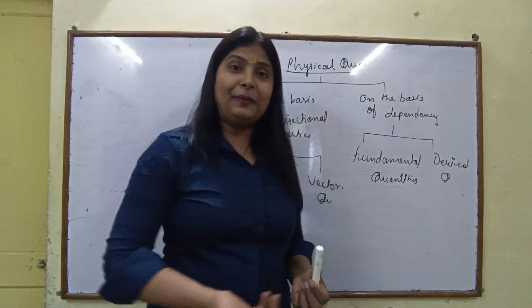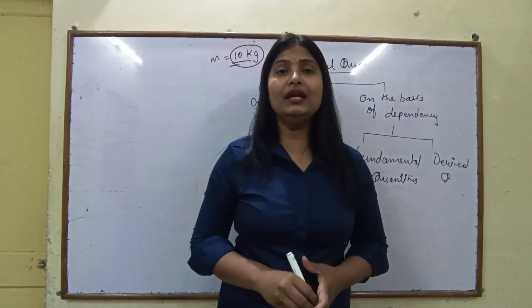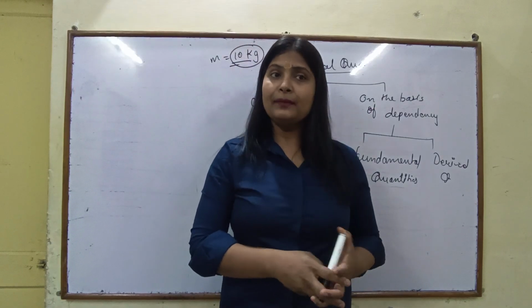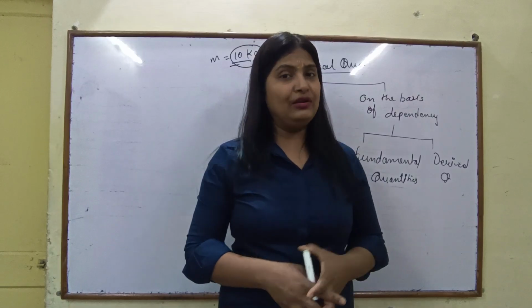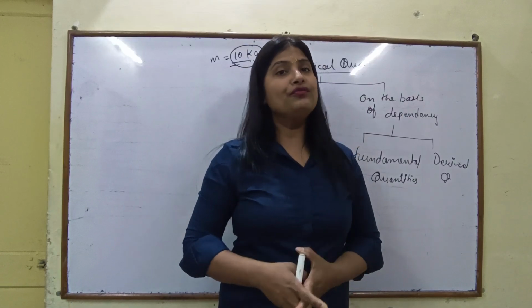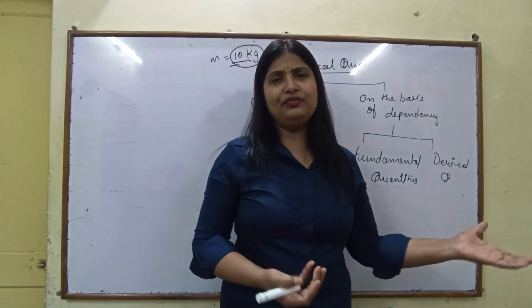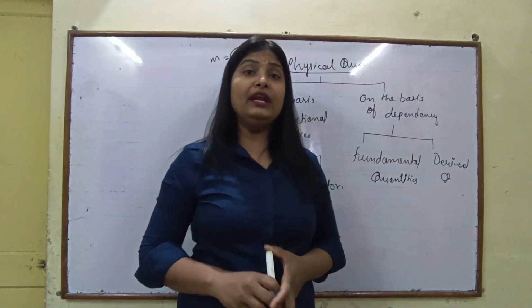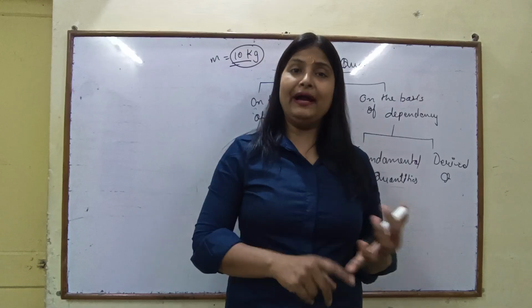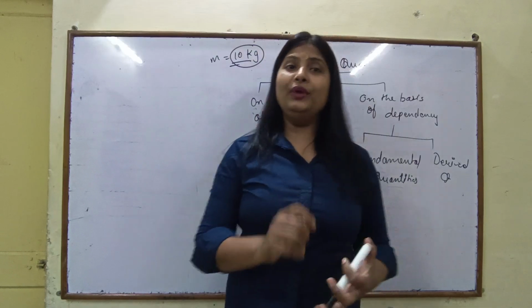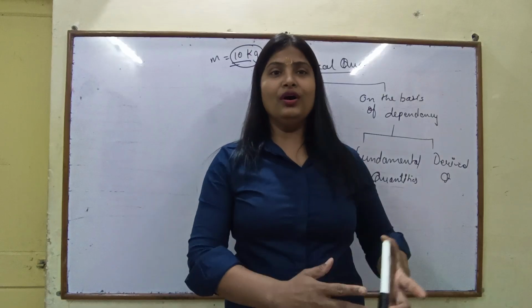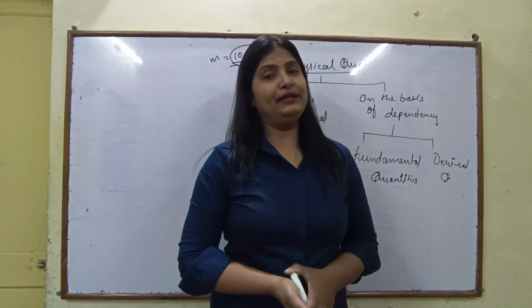But to express the mass, we do not need any direction. But if we discuss displacement, velocity, acceleration, force, and many other physical quantities, we need to define their magnitude as well as direction. Means we need both direction and a particular magnitude.